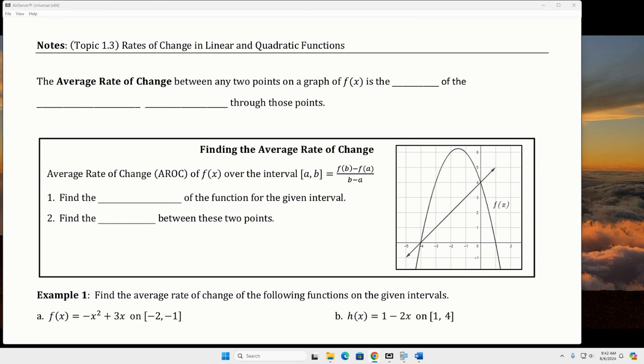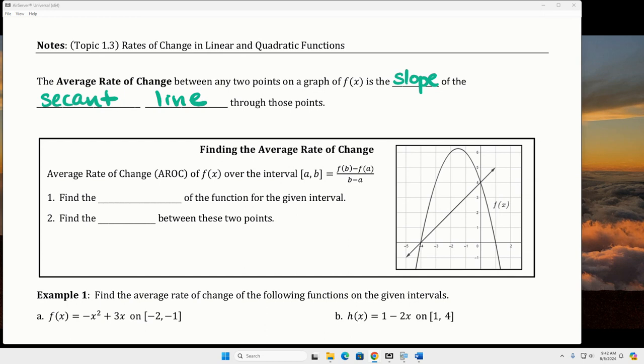I'm not worried. But basically, the average rate of change between any two points is the slope of the secant line through those points.